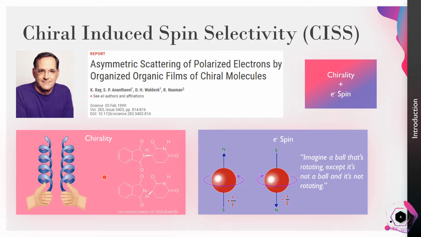Electron spin now is a much more subtle quantum mechanical aspect of an electron that is a little bit more difficult to bring into this box here. I found this somewhat facetious quote online that says, to describe electron spin, imagine a ball that's rotating, except it's not a ball and it's not actually rotating.